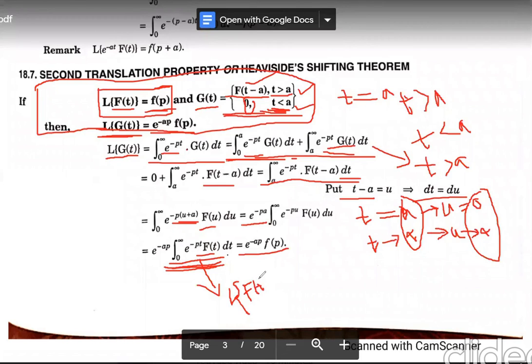And Laplace transform of f of t is equal to f of p. So directly it has been written: Laplace transform of g of t is equal to e to the power minus ap into f of p. So this is your second translation property, sometimes called the Heaviside shifting theorem, or second shifting property also.